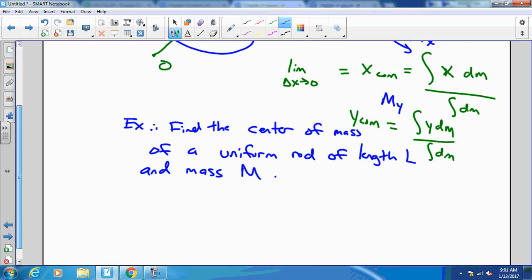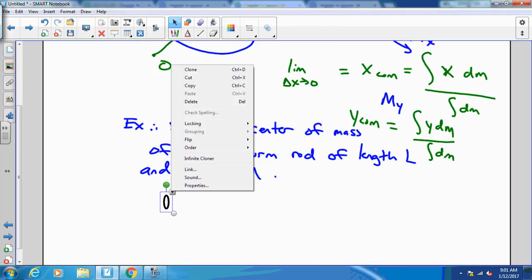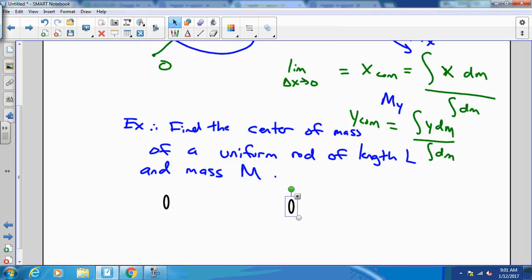The center of mass of a uniform rod of length L and mass M. Now, we don't need calculus. Calculus is a high-powered tool to solve this problem. You can probably give me the answer to this question without even working too hard.